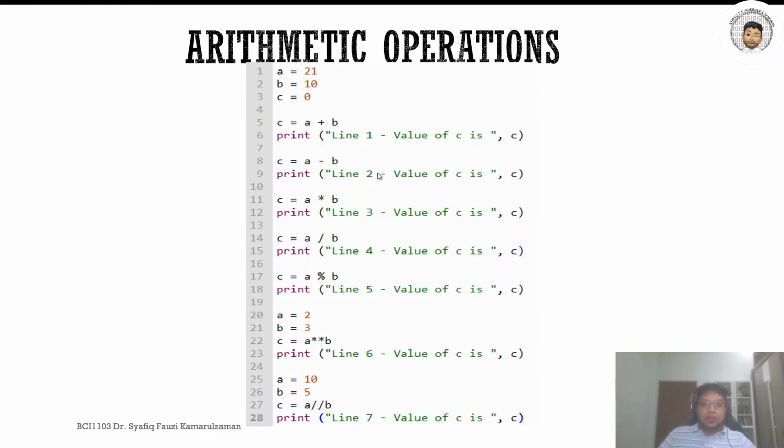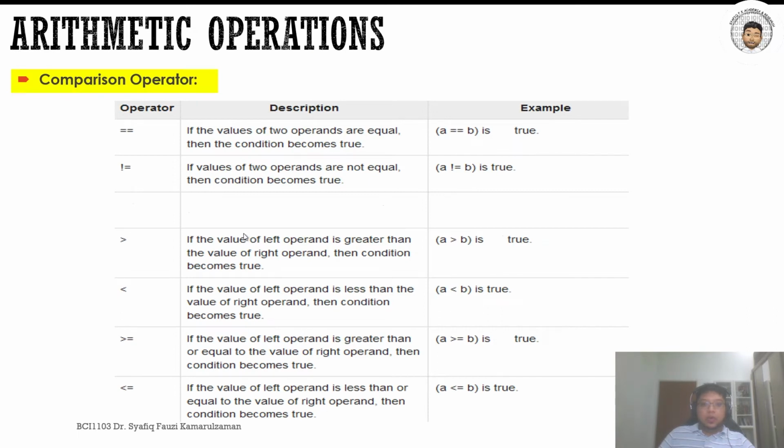For example, C equals A plus B, and then print the answer C. This is minus, this is multiplication, this is division, this is modulus, this is exponent, and this one is for floor division.